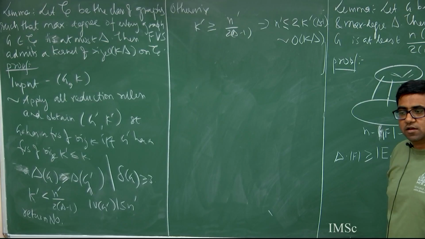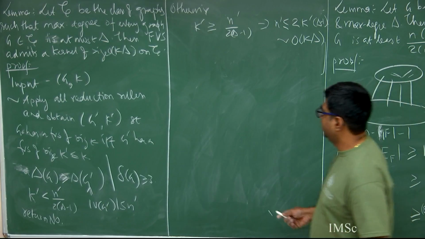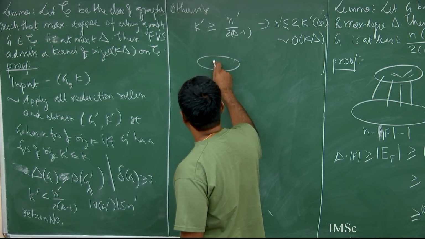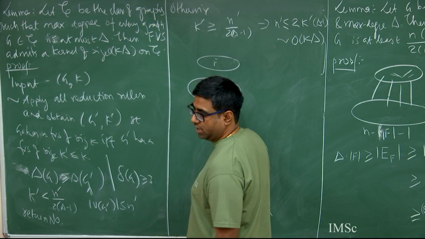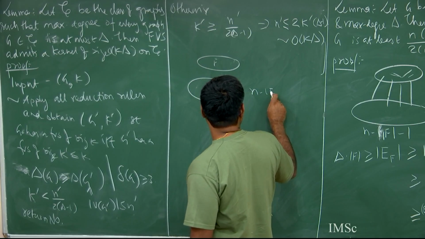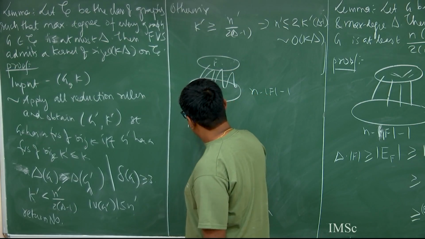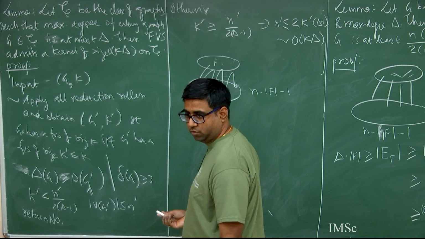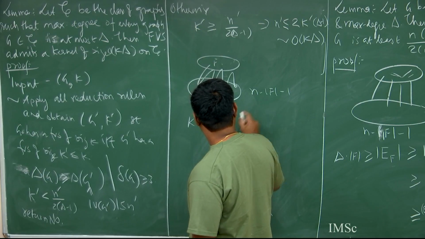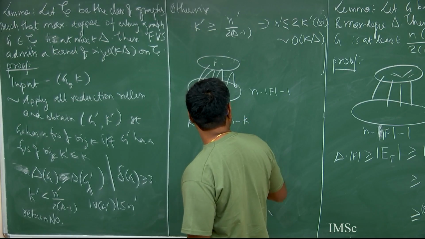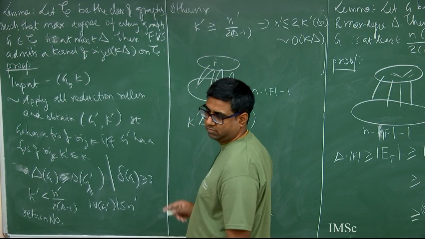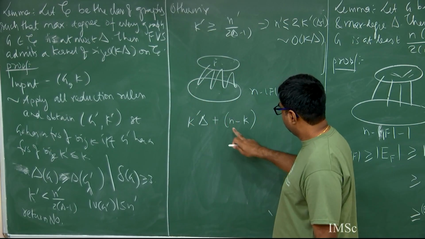But how many edges in the graph can there be? Let us see. The edges are at most K prime delta plus n minus K. Forget minus 1, I don't care. But what is n?